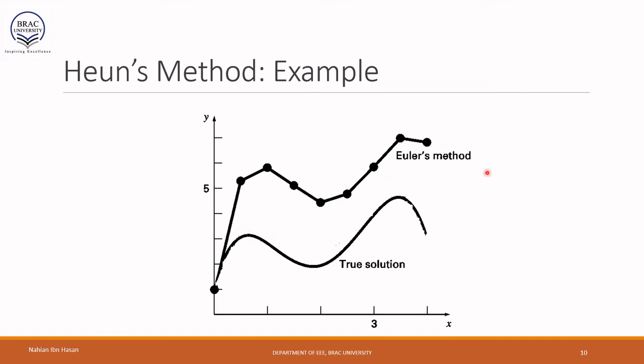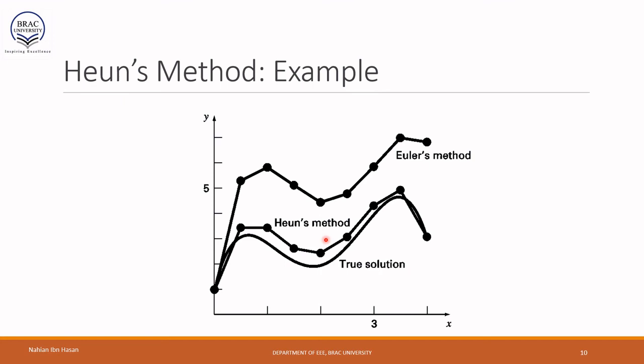These are the results of Euler's method, and this is the true solution. With the same step size, if we use Heun's method, look at this, Heun's method is much closer to the true solution. That means Heun's method is providing you a better result than Euler's method. Heun's method is not actually a new method.